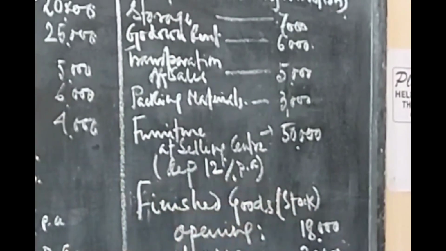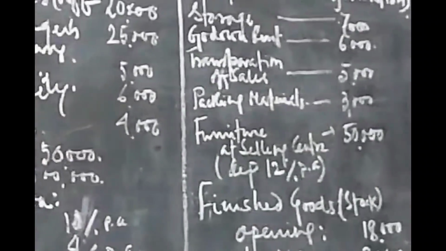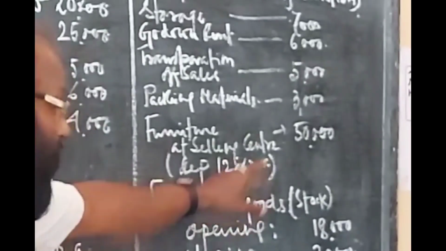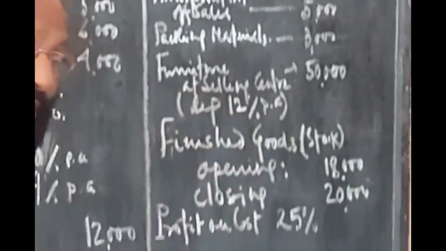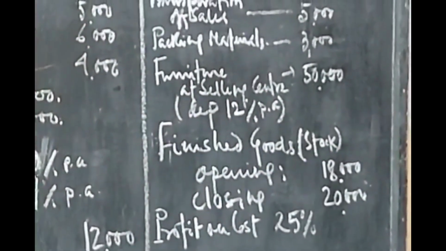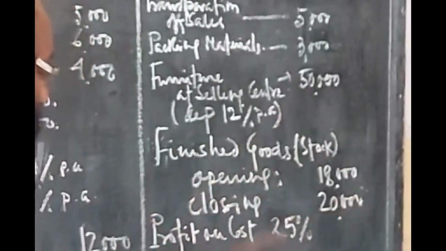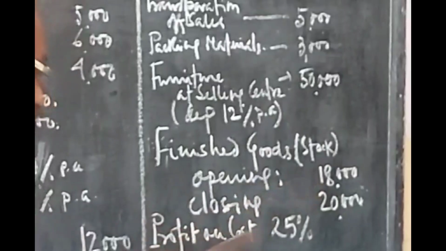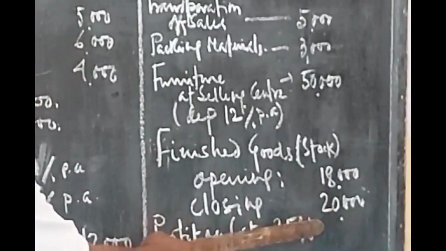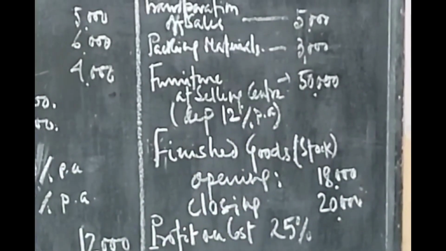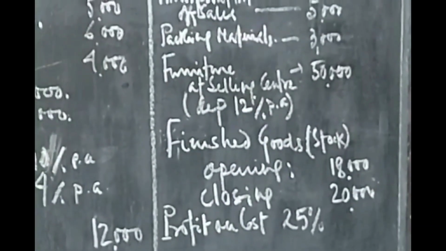What does it mean? The furniture being used at the selling center has been depreciated at 12%. So it will be 6,000 that will be lost and that will be taken into account. Now finished goods in stock: opening stock 18,000 and closing stock 20,000. It is to be considered a bit later on.